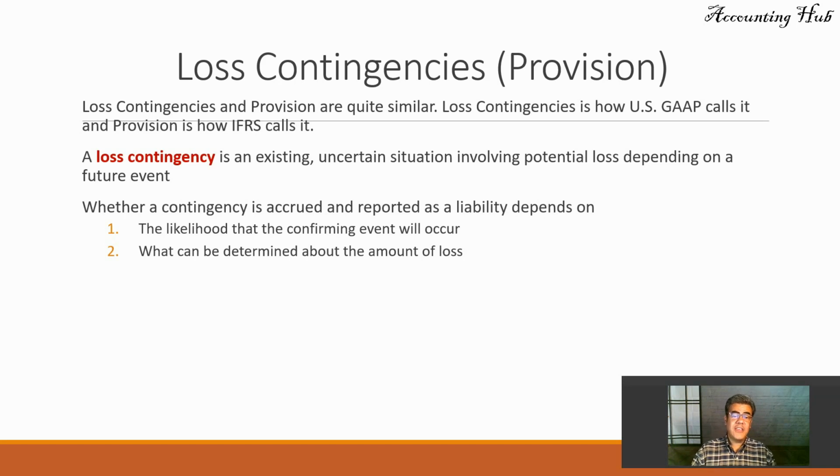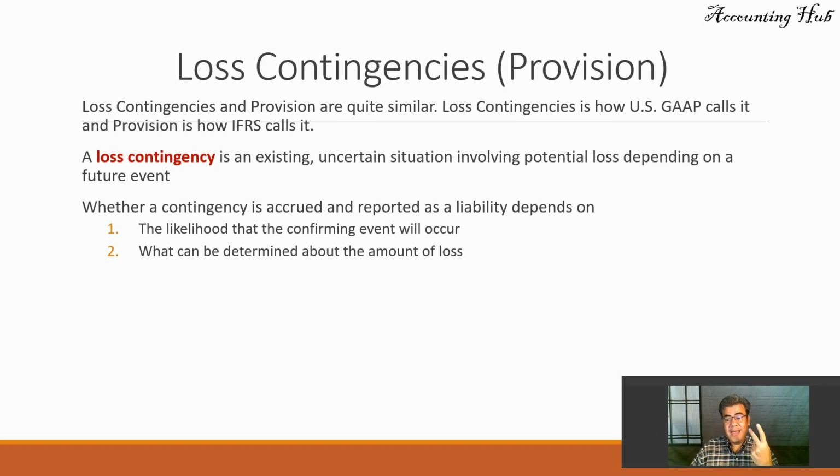Whether a contingency is accrued and reported as a liability depends, first, on the likelihood that the confirming event will occur. Number two, what can be determined about the amount of loss? So, first of all, will it happen or not?